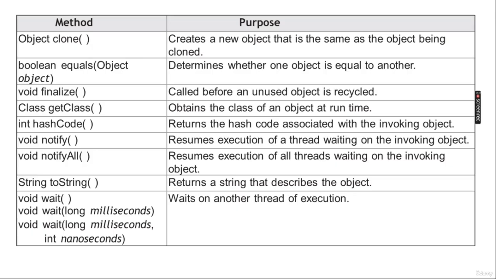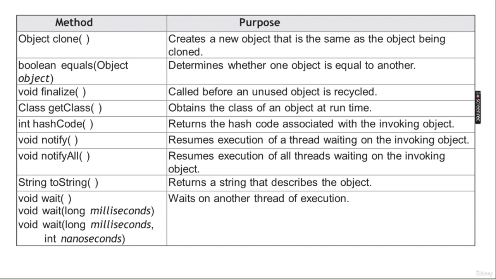Clone creates a new object that is the same as the object. Clone is a copy of the object. It returns Object. Boolean equals determines whether one object is equal to another, returns true or false. Void finalize is called before an unused object is recycled.